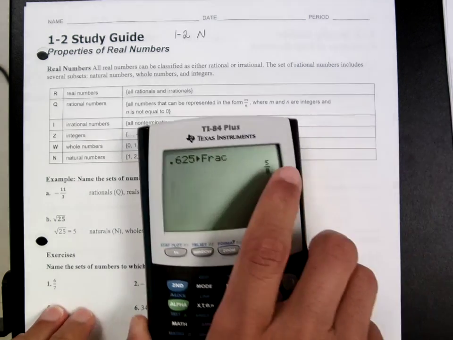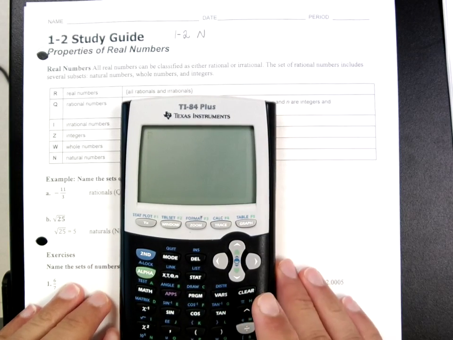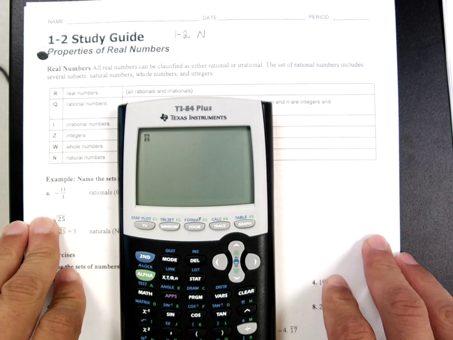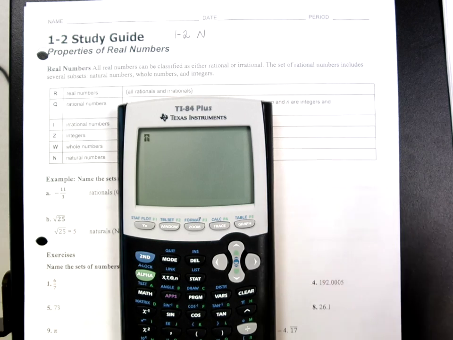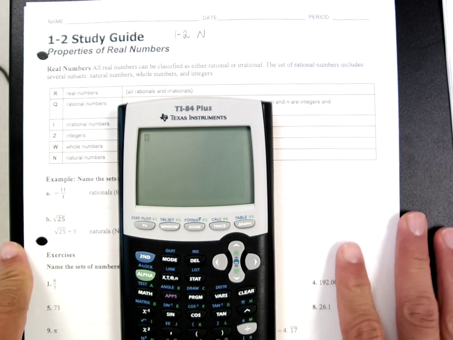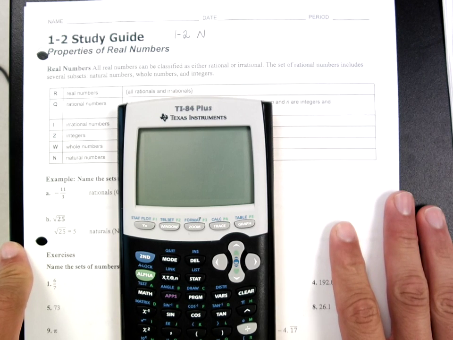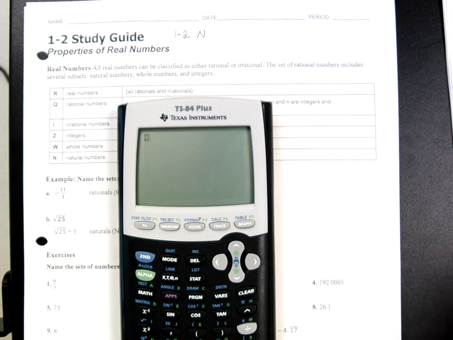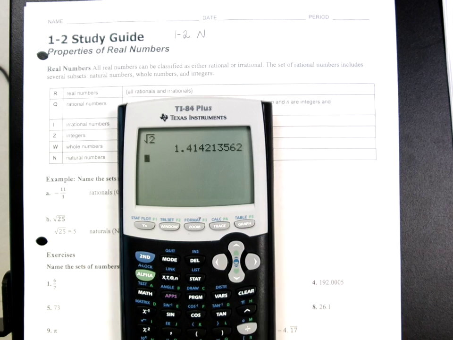Let me give you another irrational number that happens all the time. What is the square root of 4? Simple question. 2, right? Don't be scared. It's 2. But if I ask you, what is the square root of 2? It's some kind of decimal, right? We can agree on that. If I type in the square root of 2 and press enter, it gives me this number.